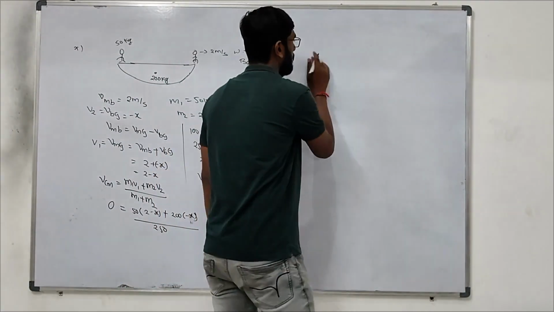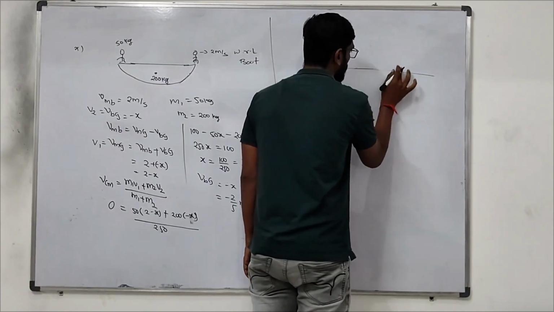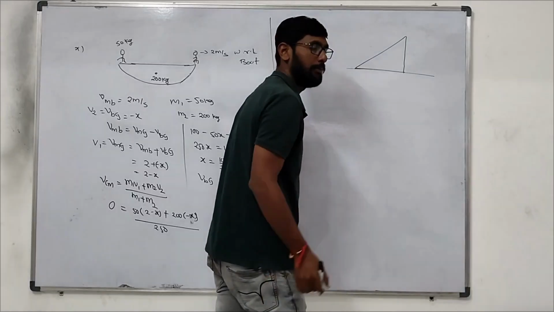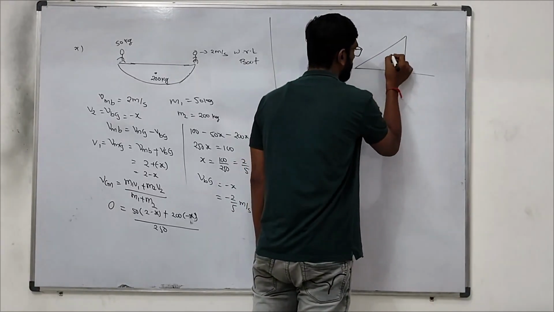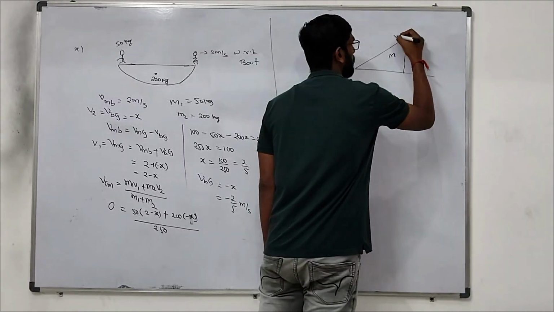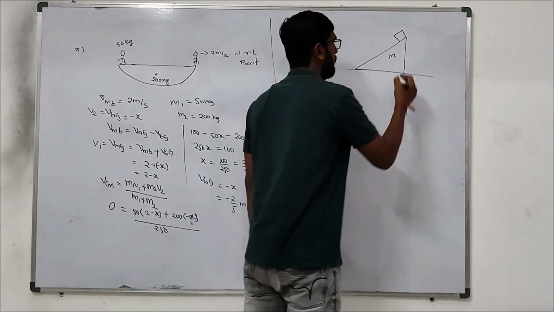So here the question is, you have a wedge like this, wedge of mass capital M. There is a small mass here.